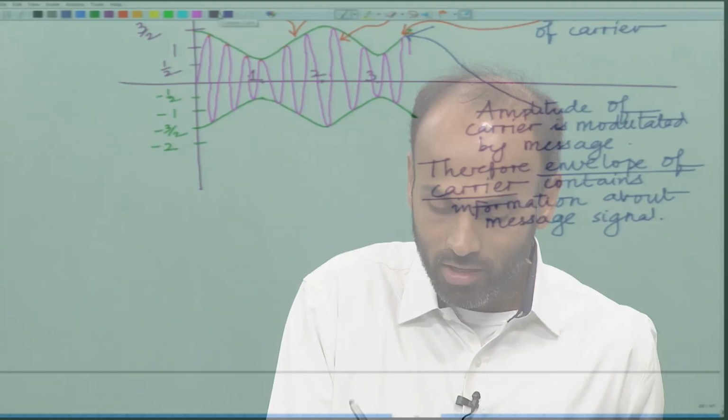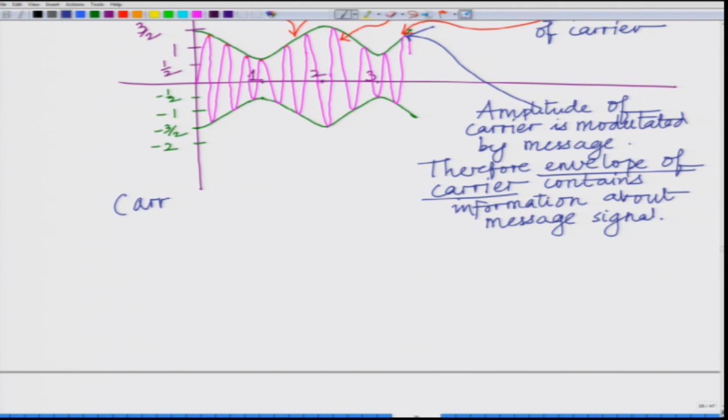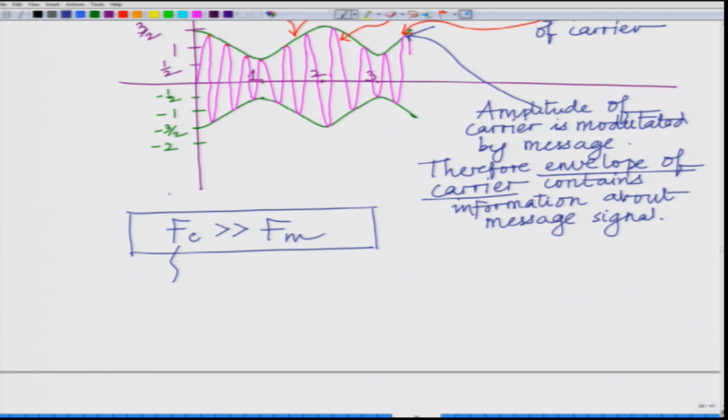So, the carrier frequency fc is typically much larger than the message frequency fm. So fc is much greater than fm, where fc is your carrier frequency.